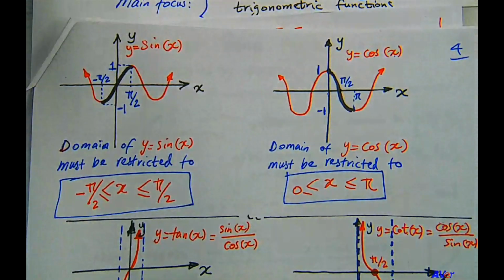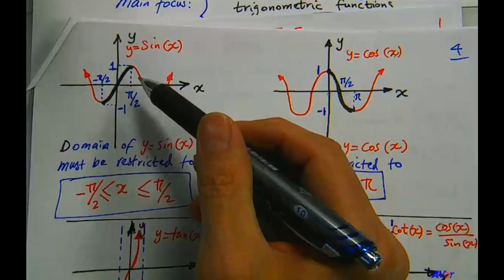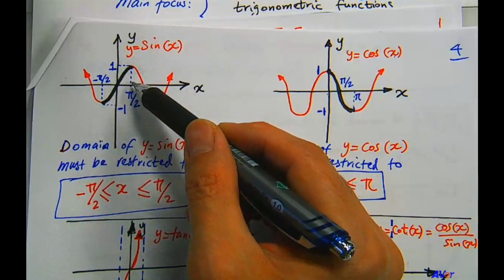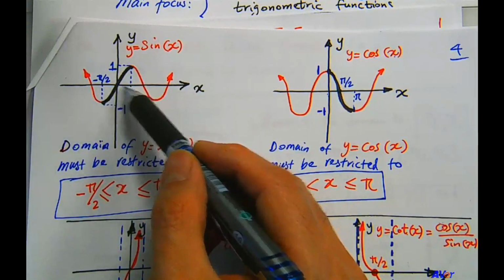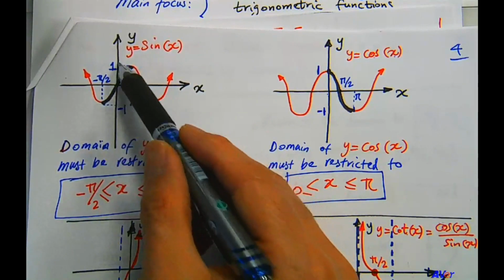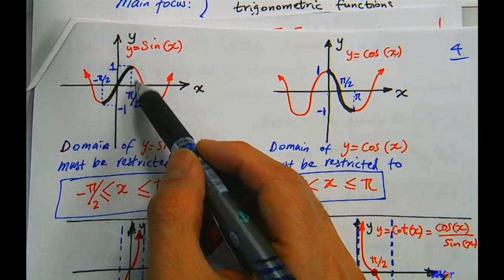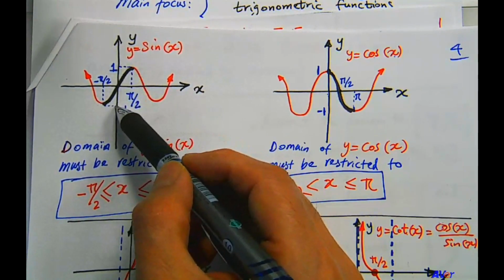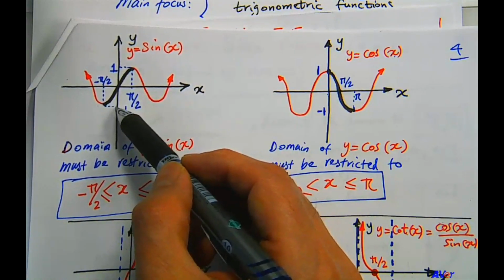So when we switch to the inverse sine function, the roles of the domain and the range are swapped. So this negative pi over 2 to pi over 2 becomes the y-axis. We'll go from negative pi over 2 to pi over 2 here, from pi over 2 to negative pi over 2 here on the negative side of the y-axis.